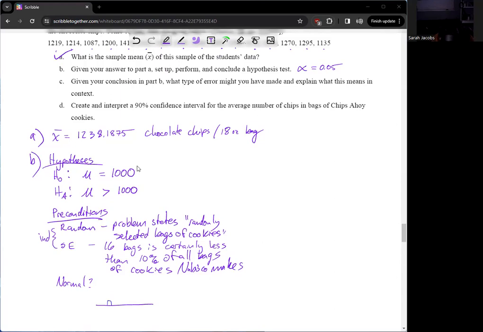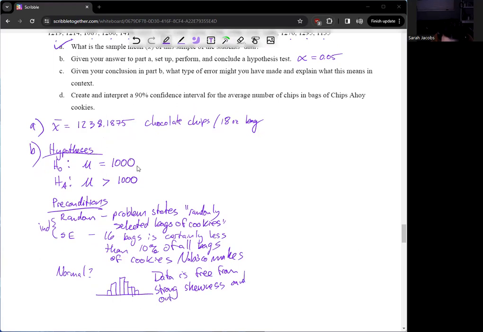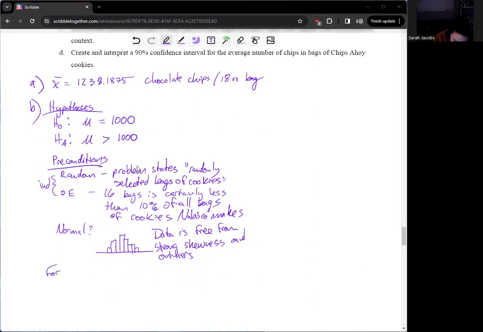So I have like this, and then like this, and like this, and this. So I'm going to say data is free from strong skewness and outliers. So that's normal enough.